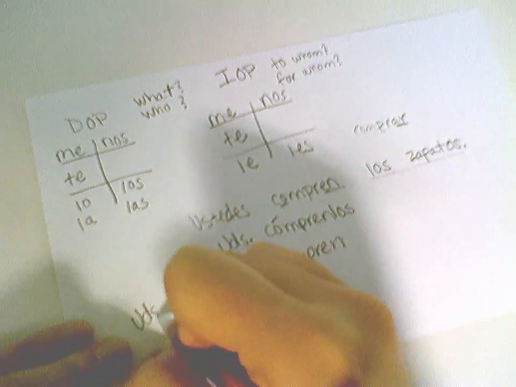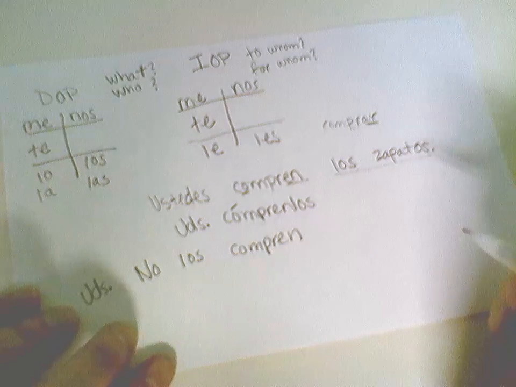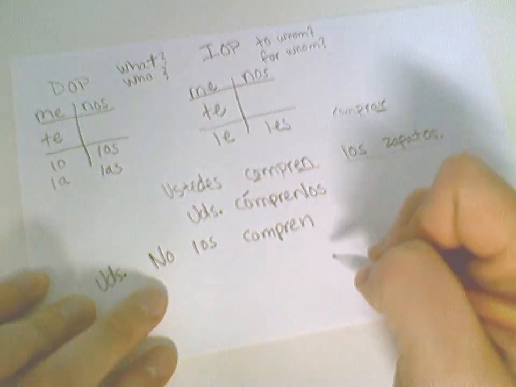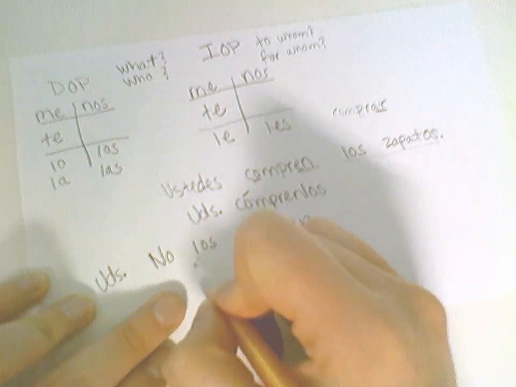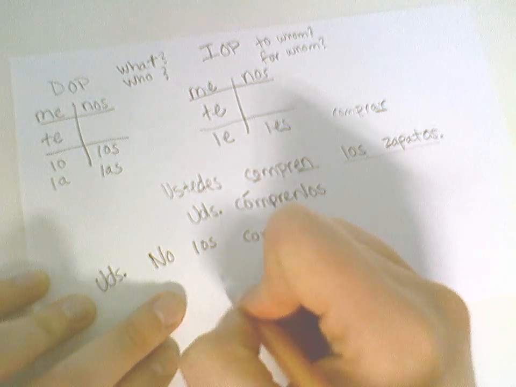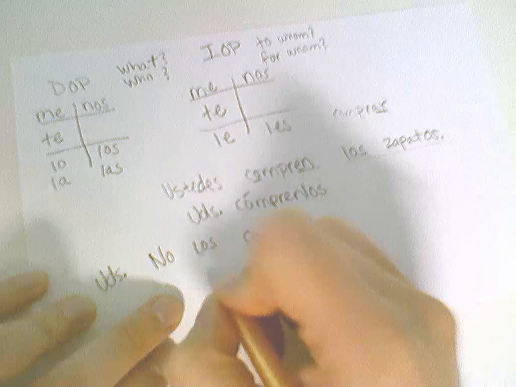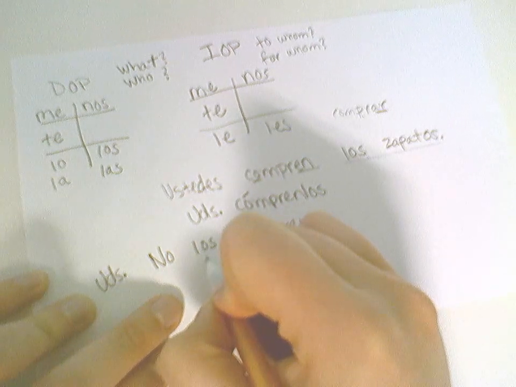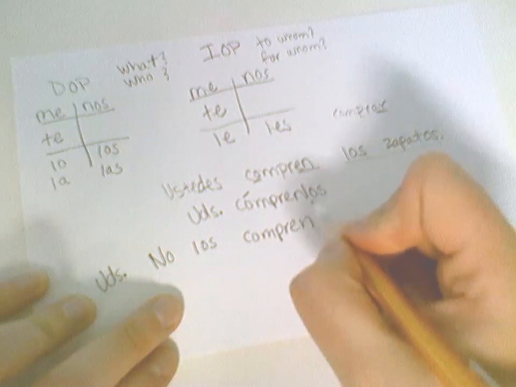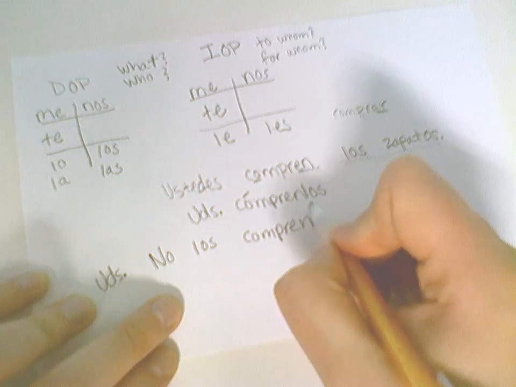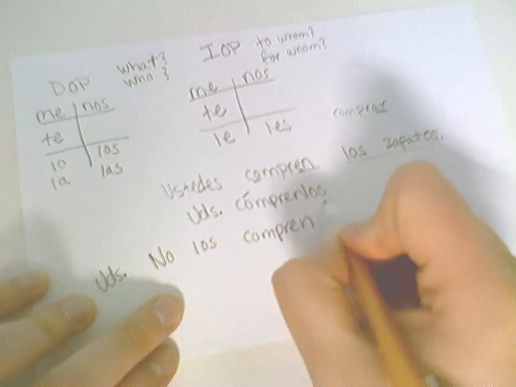Ustedes, if you want to keep that subject there. So ustedes no los compren. If it's negative, you're going to keep them apart. So you will keep the verb and the pronoun separate if it's a negative command. If it's an affirmative, so a positive command, you're saying, yes, do this, you're going to keep them together.